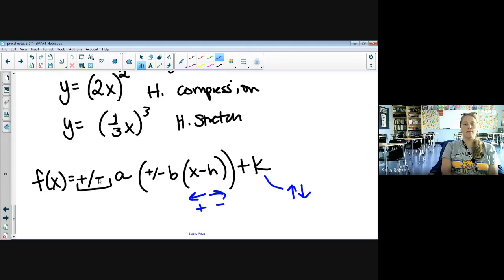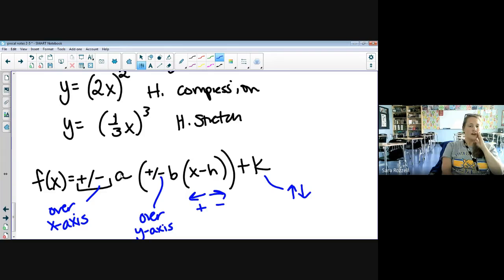If you have a minus sign in the very front of your function, that's going to flip over which axis? X. So this is going over the X axis. If you have a negative inside, that's going to go over the which axis? The Y. Okay. And then if a number is multiplied in the front, that is a vertical stretch or a vertical compression.